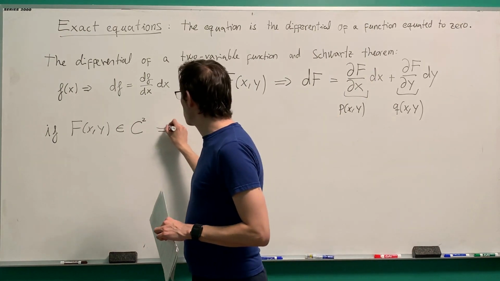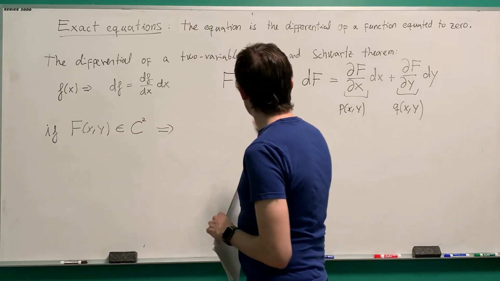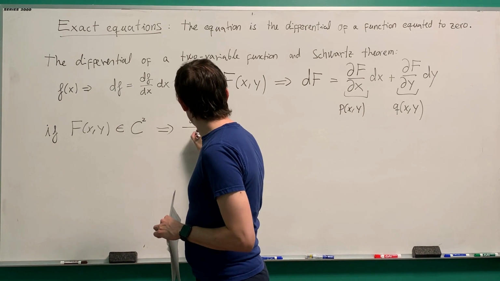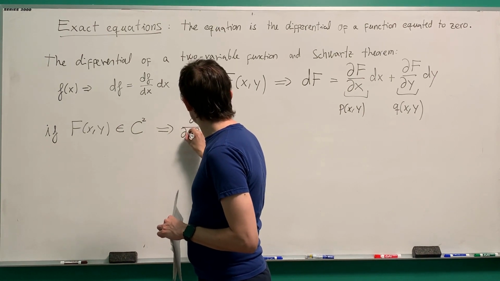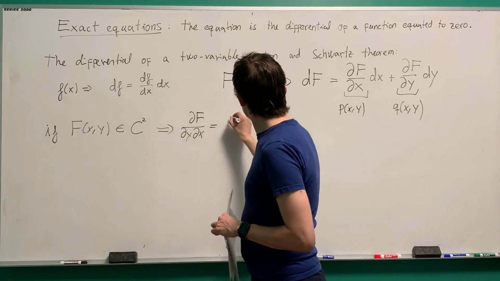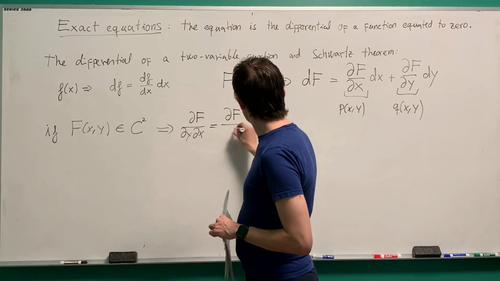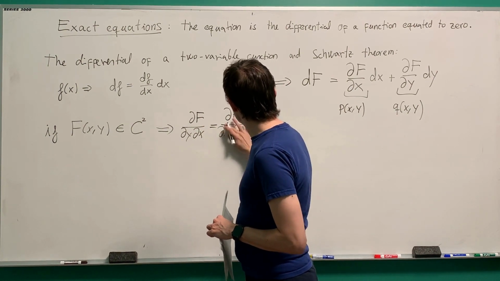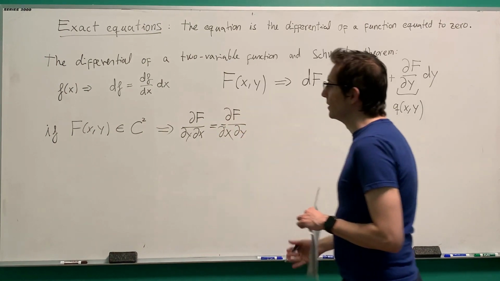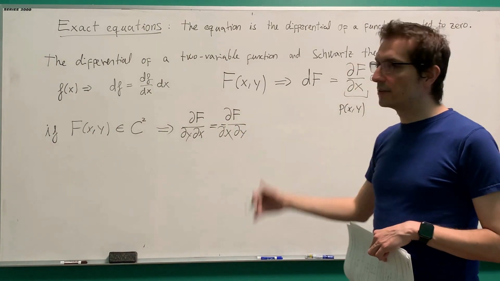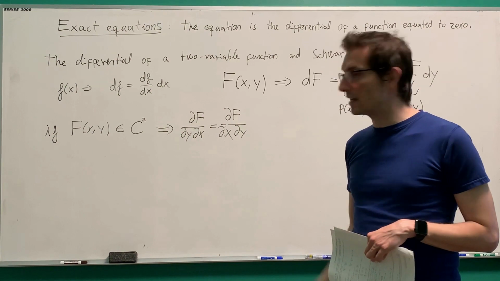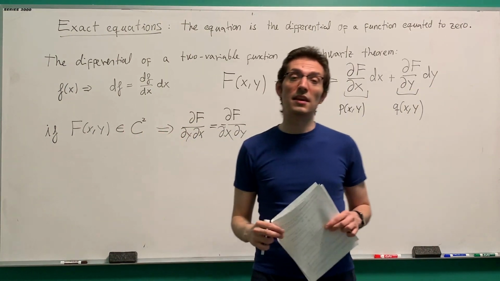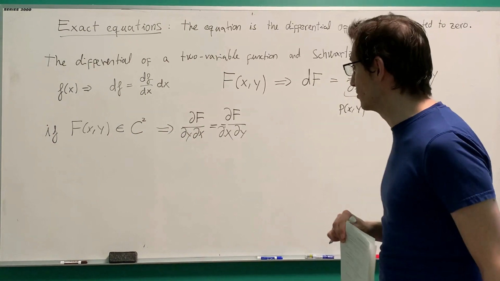Then, and I'm summarizing the theorem a lot, the partial derivative of f with respect to x first and then with respect to y would be equal to the partial derivative of f with respect to y first and then with respect to x. So the second partial derivatives coincide. It doesn't matter what order you take. Those are the most common functions that you've been seeing. You rarely have seen functions with discontinuous derivatives.